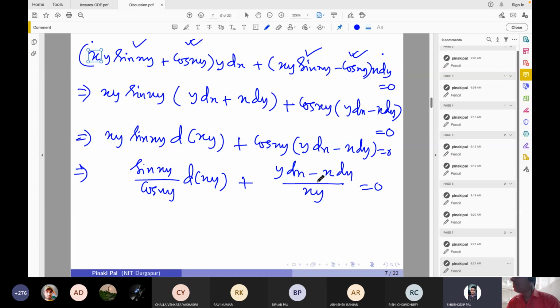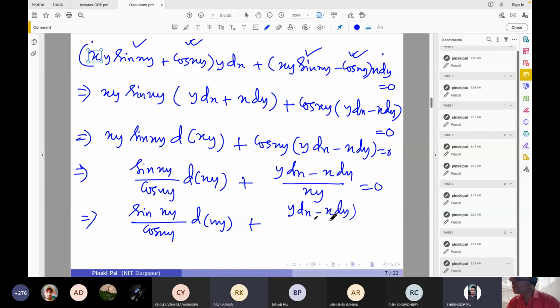Therefore, if we divide this term by y square, we will get d(x/y) by (x/y), and this is sin xy by cos xy d(xy), plus x dy divided by y square and xy by y square equal to 0.